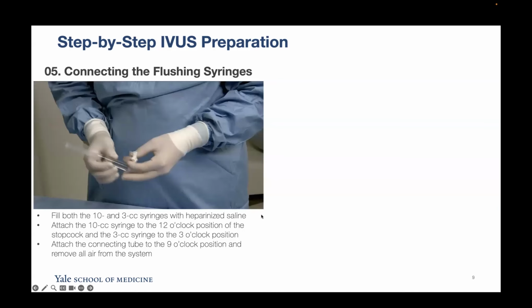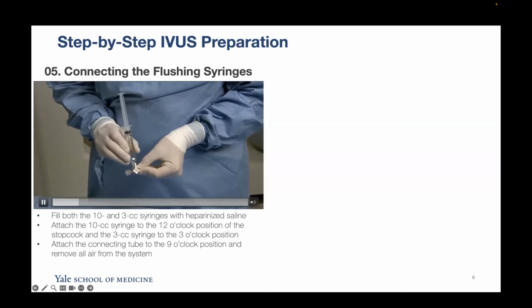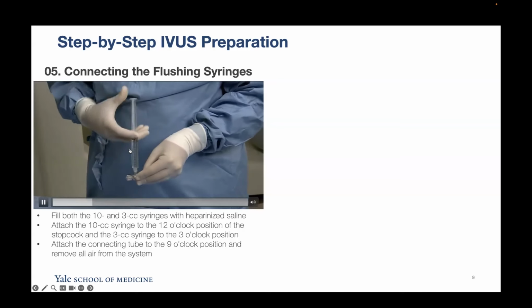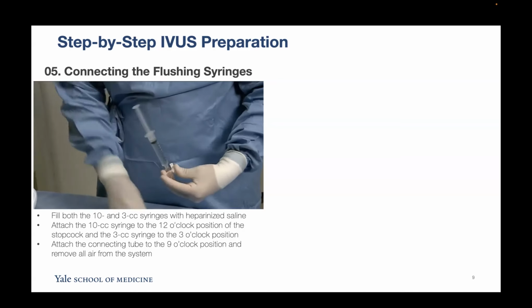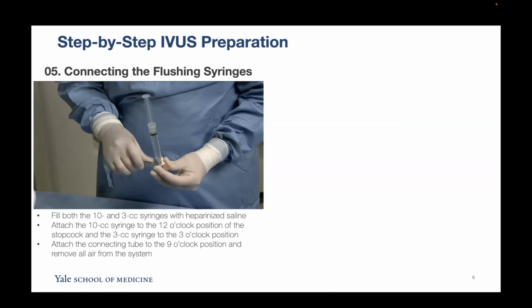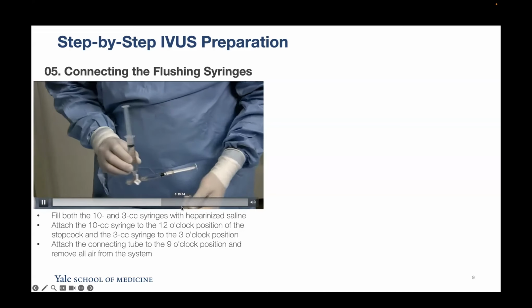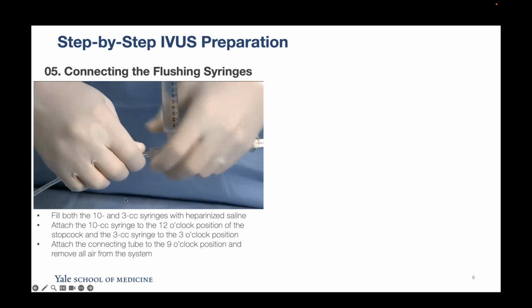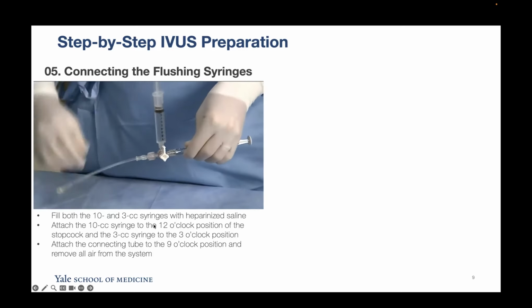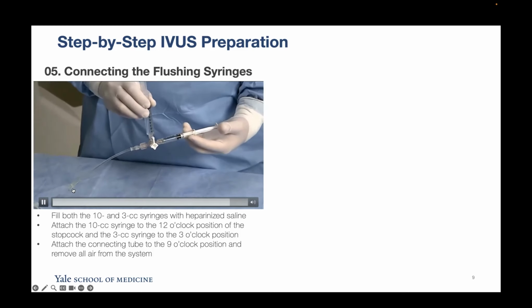It's important to use the 3-way stopcock here and a 10 cc syringe on one end and a 3 cc syringe, a medallion syringe that comes with the package, on the other. And make sure that you don't have any air in the system on both ways. And then you connect this line here and you flush it as well with a smaller syringe, just to make sure that there's no air inside the tubing.